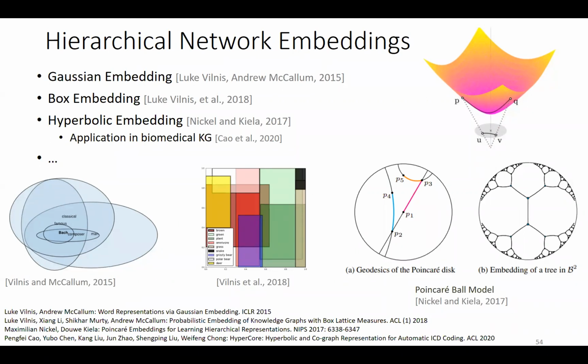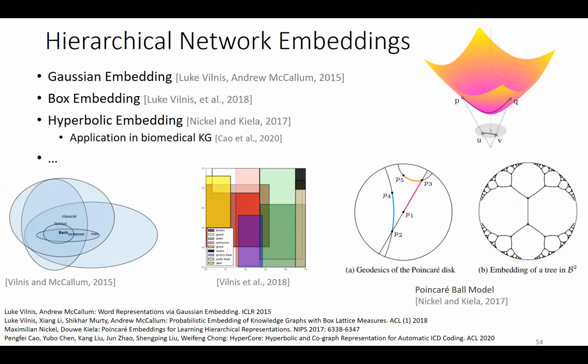In the Poincare ball, the distance between two points near the center is actually small, while the distance between two points near the boundary of the Poincare ball is very large. So this is very different from the perception given by the visualization of the Poincare ball.